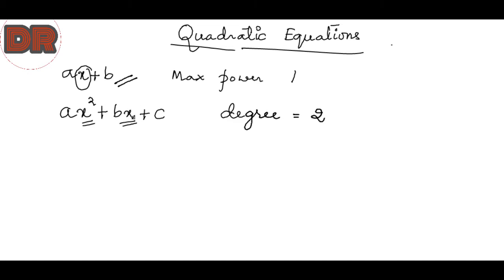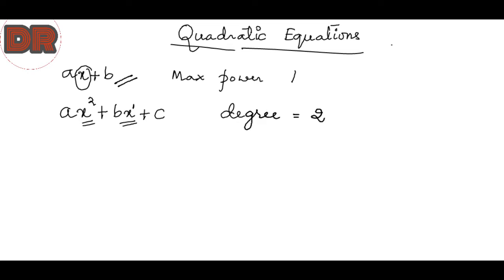Though the variable x also appears with power 1, the maximum power of the variable in this polynomial is 2. So we can say that the degree of the polynomial is 2.